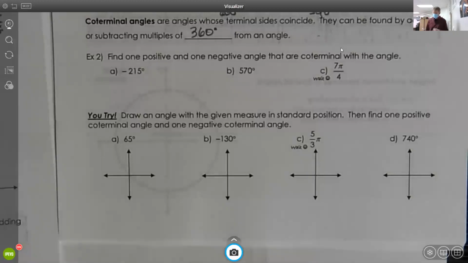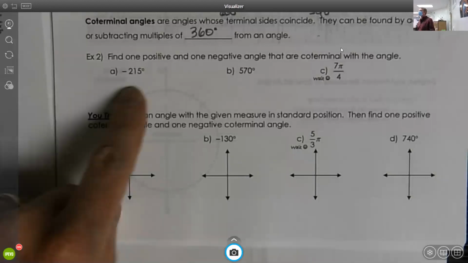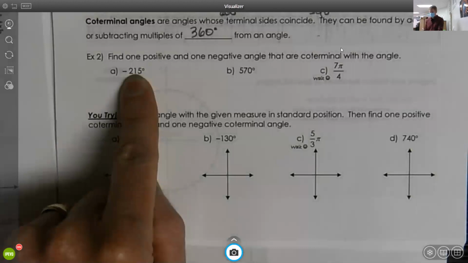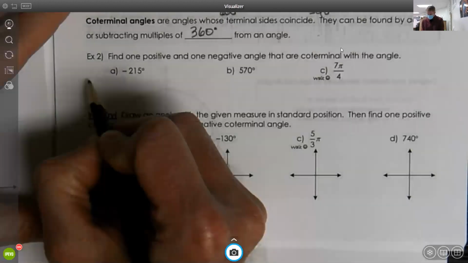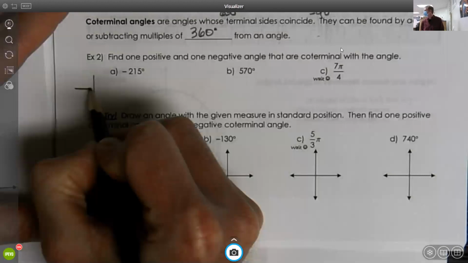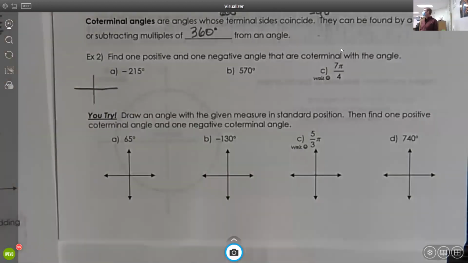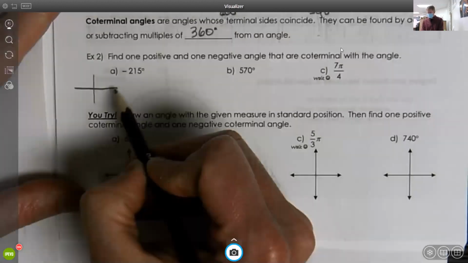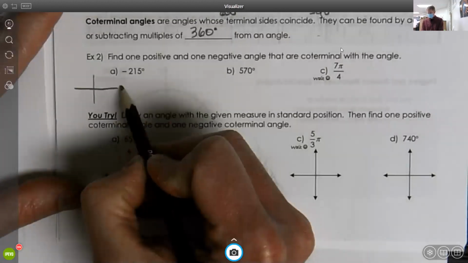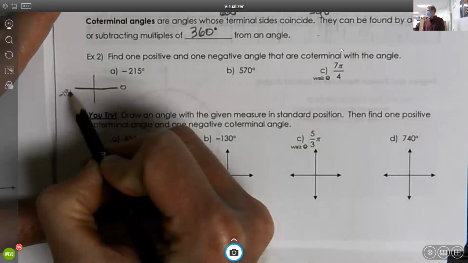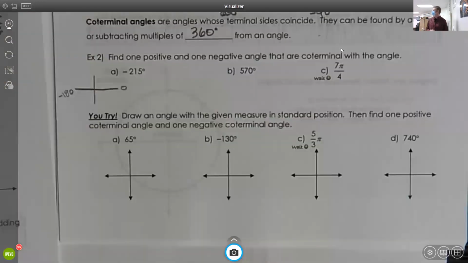So if we're looking for one positive and one negative coterminal angle, what angles point in this direction is what's being asked. Well, maybe it would be good if we started out with a visual of what does that even mean? Where is 215? 215 is more than negative 180. Negative 180 would be pointing off to the left, all the way around.